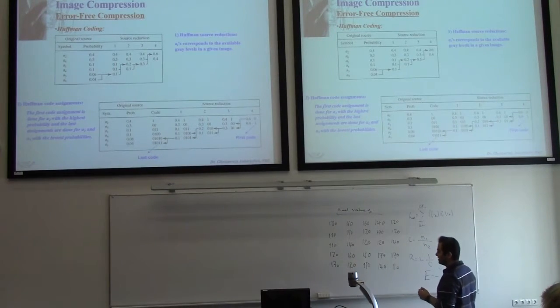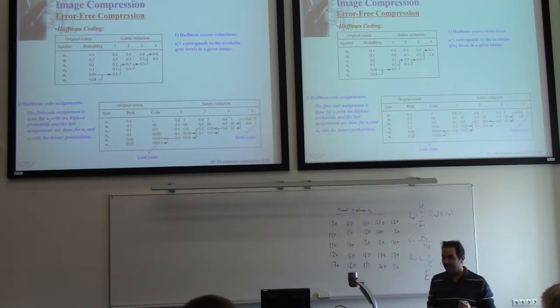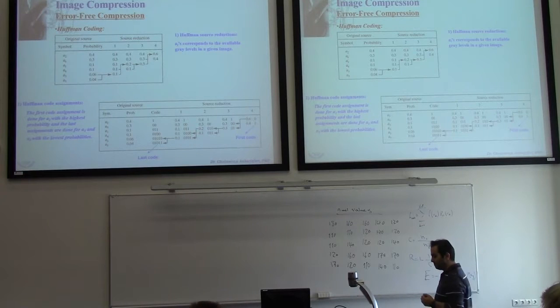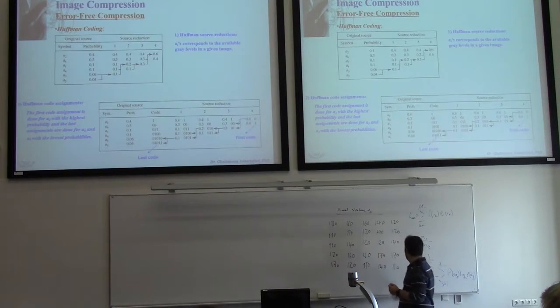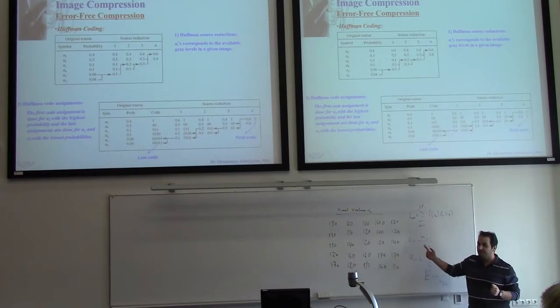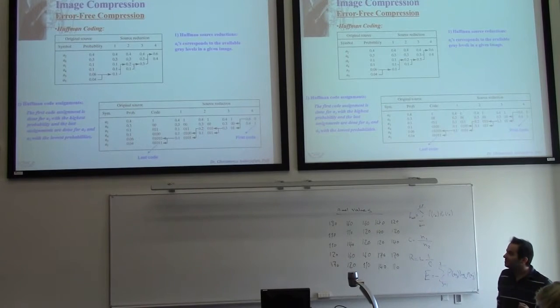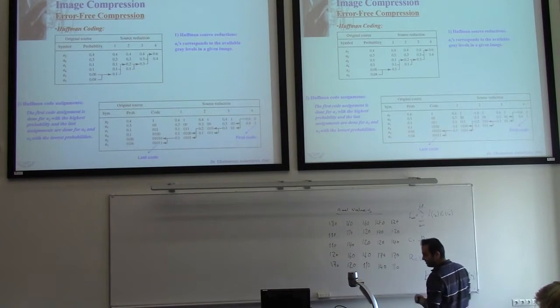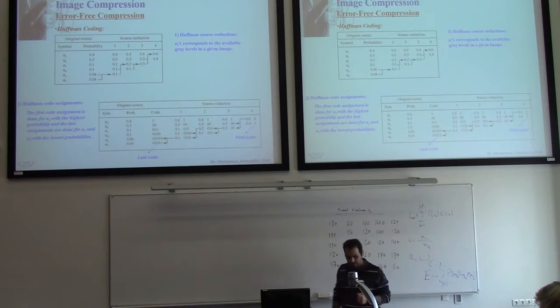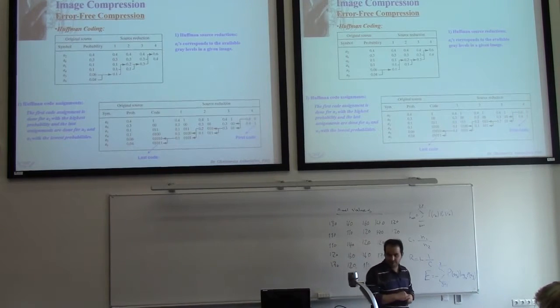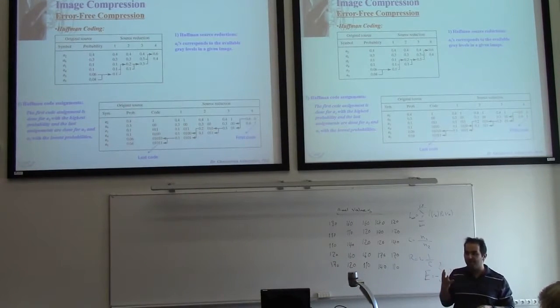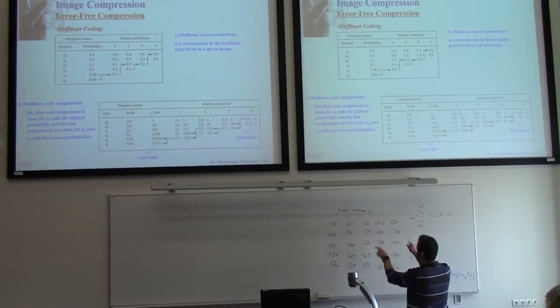Do you know how many bits we need for the lowest probability? 4, yeah? And did you calculate the compression ratio or data redundancy? I first find the code. Okay, this is correct, that for the lowest probability we just need 4 bits in this patch.